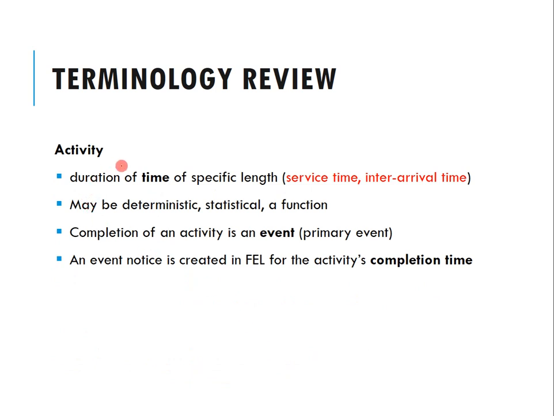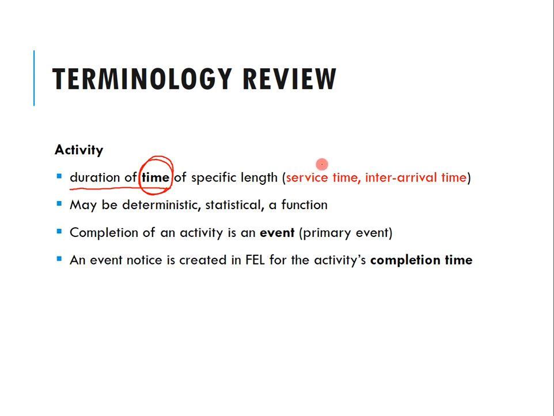Activity. Okay, this is something that you need to pay attention. Activity is a duration of time, meaning that dia melibatkan masa. It will involve time, specific duration of specific length. Contoh, service time, inter-arrival time. Normally this is something that is specified lah, macam process time kan. Process time of a machine, you have to specify.